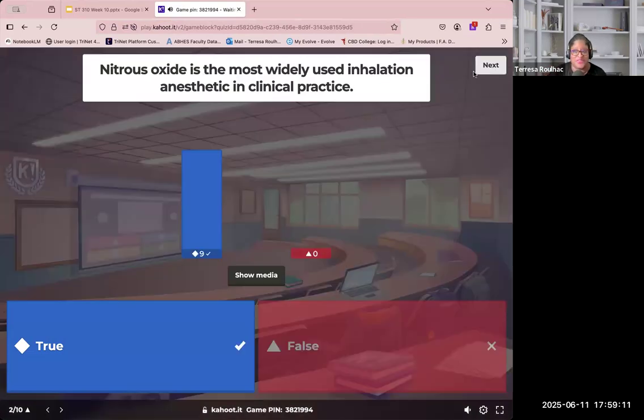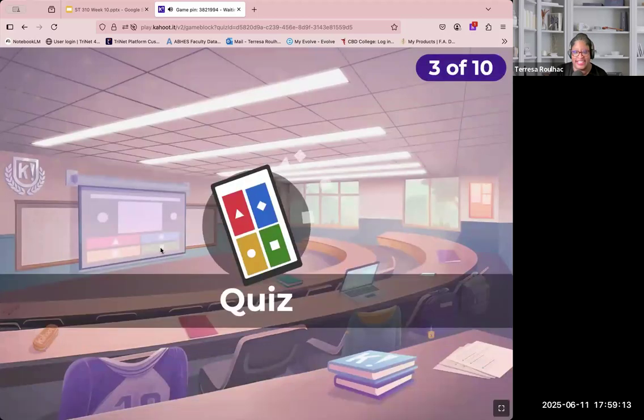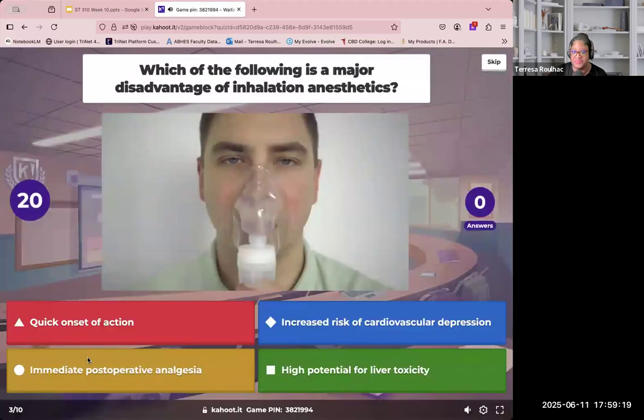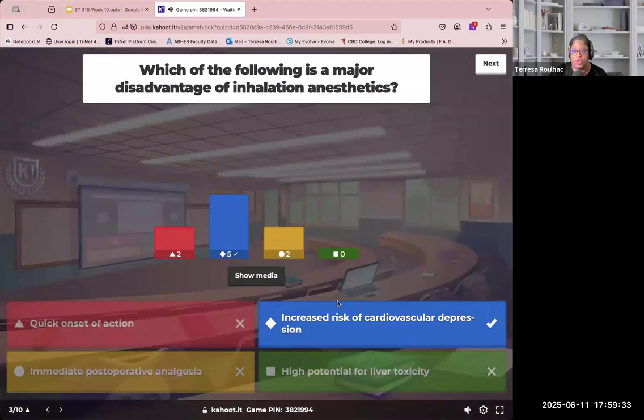That is true. Good job, everybody. So remember, increased risk of cardiovascular depression. Good job.